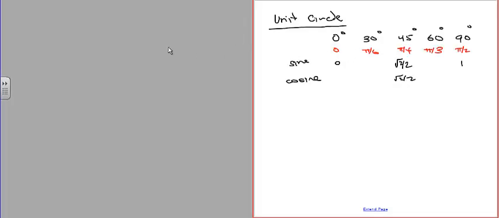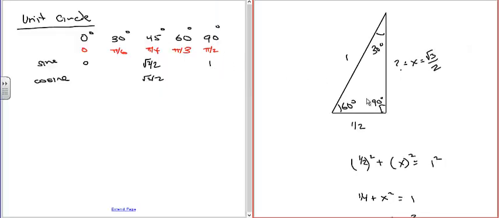So as a consequence, the sine, which is the opposite side over the hypotenuse, so we get the sine of 60 degrees is equal to the square root of 3 over 2.